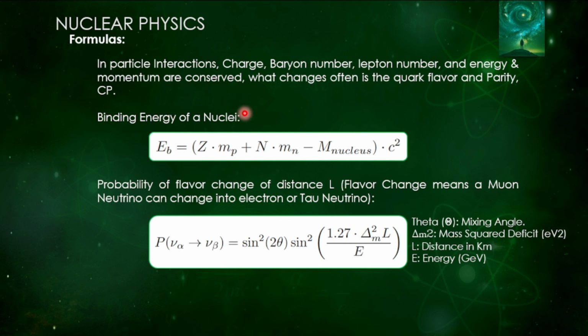The binding energy of a nucleus, E binding, is equal to Z, the atomic number, times the mass of the proton, plus N, the number of neutrons, times the mass of a neutron, minus the mass of the nucleus itself, which depends on the type of matter, times C square.